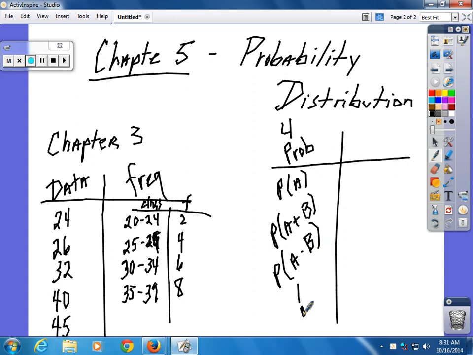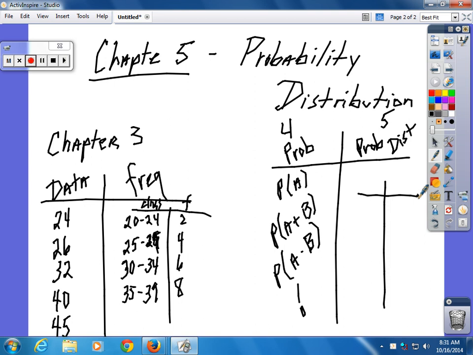So that's the data-driven set over here in chapter 3, and it's just called probability. And then over here in chapter 5, we're going to do probability distribution, and it's going to be set up kind of like that.